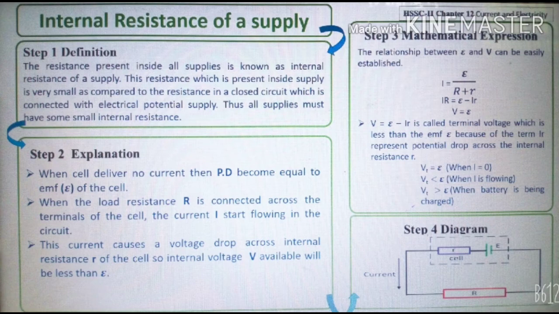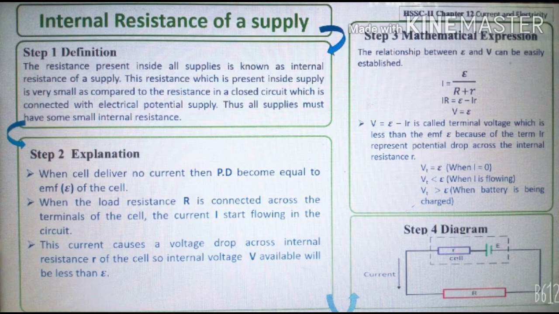So R plus r is the total resistance, and E is equal to V. Now we can write it in such a way that R plus r is cross multiplied with the current I.